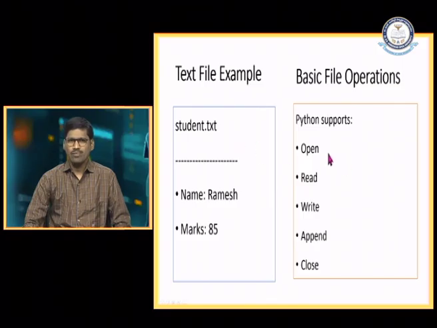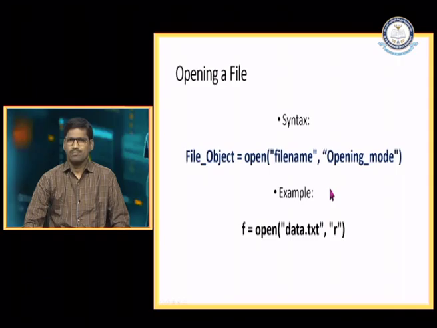We can open the file, obviously, right? We can open any file and we can read the data and we can write the data into that file. Append means add any extra data at the end of the existing data. We can implement that operation too, and close the opened file. Generally, these are the operations we can do with the help of any file.